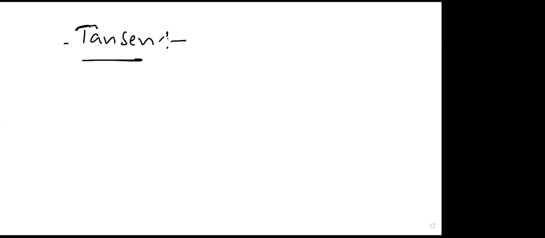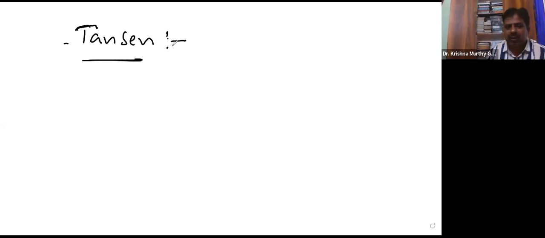See, Tansen also very much impressed through his musical modes in the Akbar court. Most of the bureaucrats of the Akbar court were waiting for the musical ragas of Tansen in those days. He also composed several musical ragas which are the basis for the present Hindustani music.